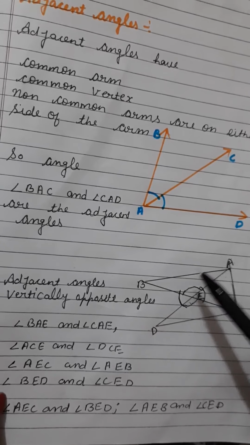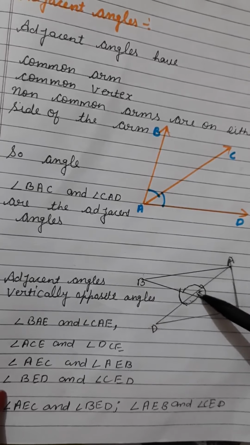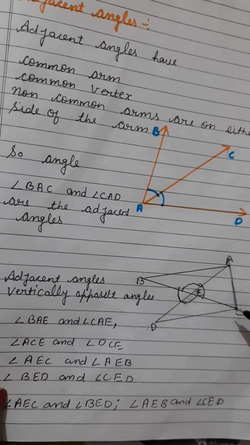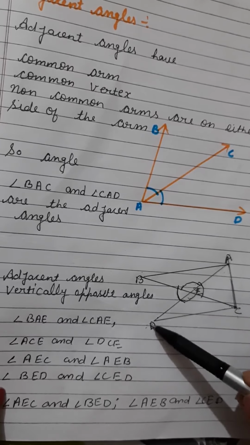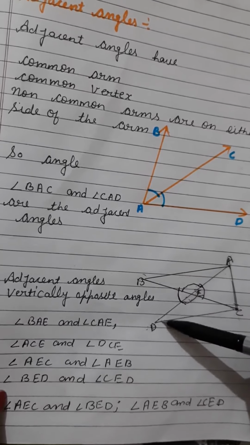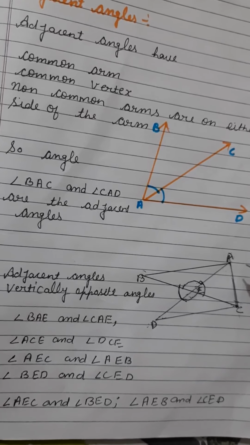Okay, so again you will say BED and CED, meaning ED is the common arm in this. Okay, so these are the adjacent angles.